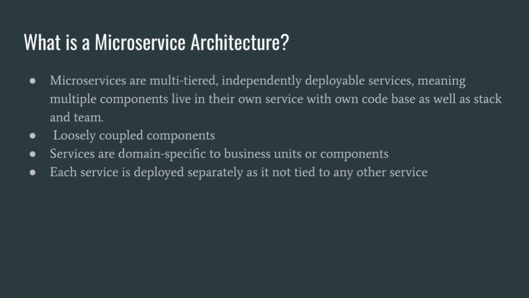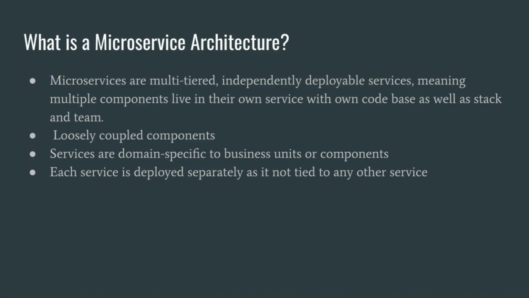Each service is deployed separately, as it is not tied to any other service, and they can interact with each other wherever they need. When it comes to deployment downtime, only the service that is being deployed has that minimized downtime, but not the entire application. All other components can keep working.